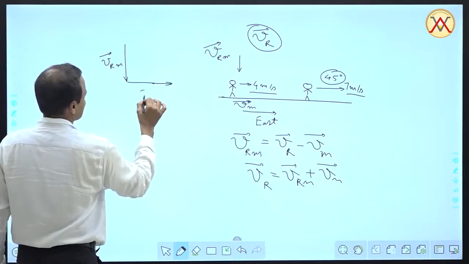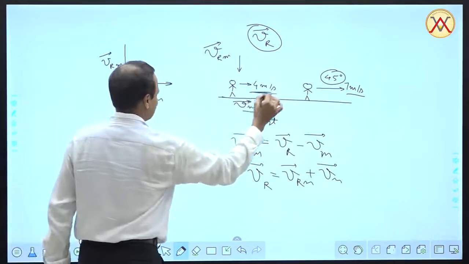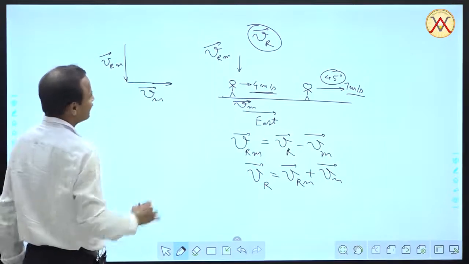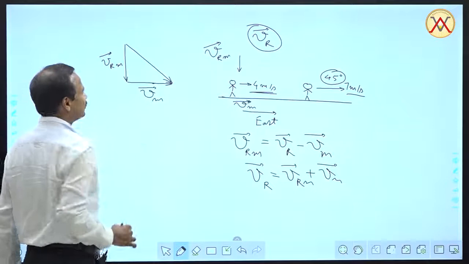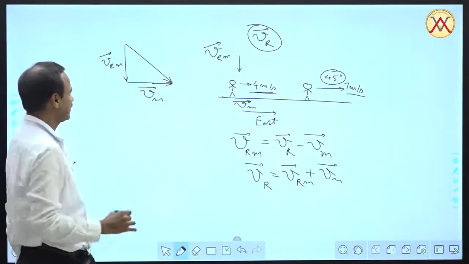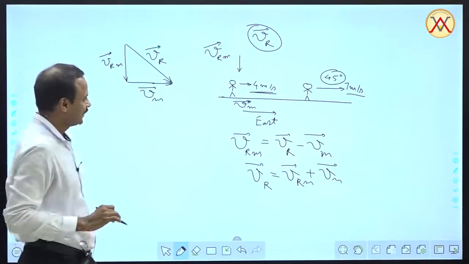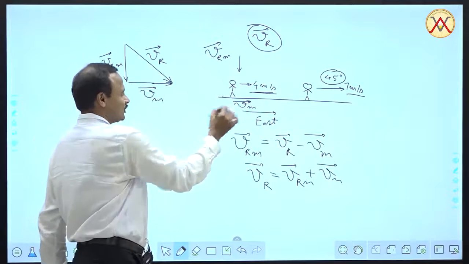This Vm vector is of course horizontal, and we also know its magnitude. In the first case it is 4 meter per second. So, the Vr vector should be this one according to the triangle law of vector addition. This is your Vr vector. Alright. So, I have drawn this triangle for the first case.